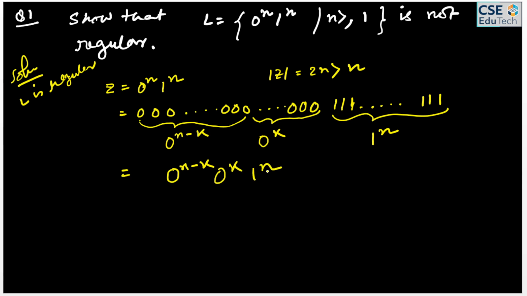We partition this in this way. Now we assume that u is equal to 0 to the power n minus k, v is equal to 0 to the power k, and w is equal to 1 to the power n.